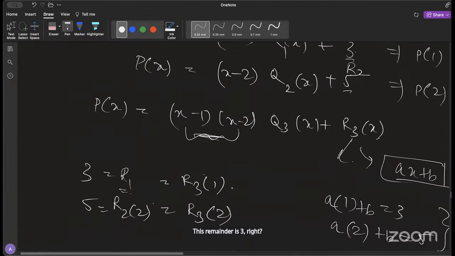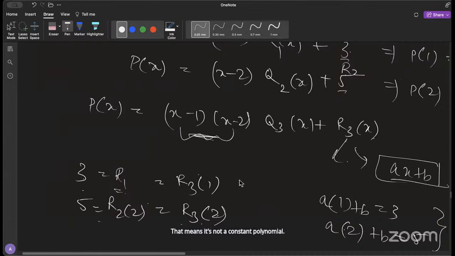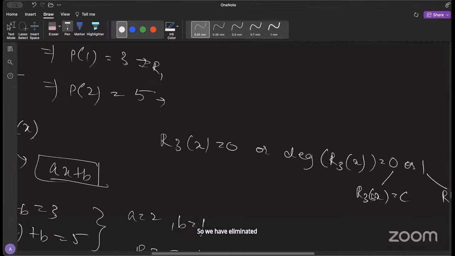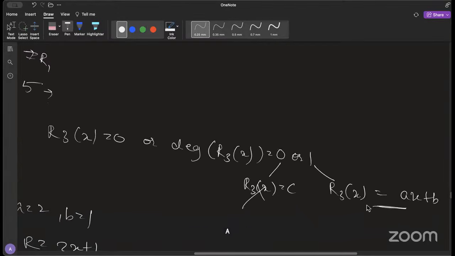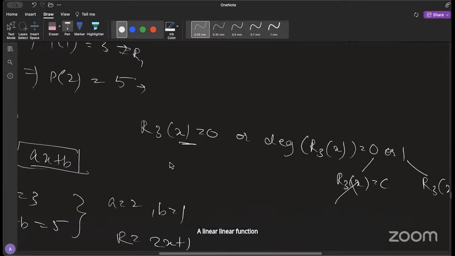So R3(1) is 3. Similarly, R3 at 2 is 5. And this cannot be constant, right? It's taking two values. That means it's not a constant polynomial, so we have eliminated this possibility. So it's either a linear function or a 0 function, right?